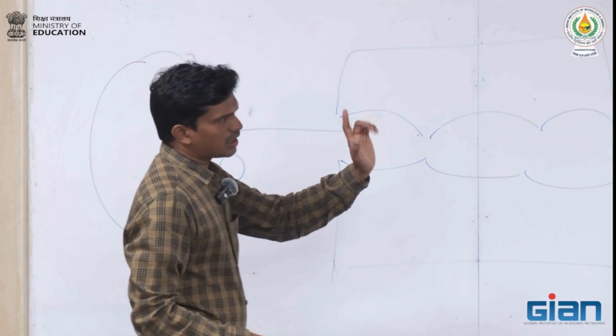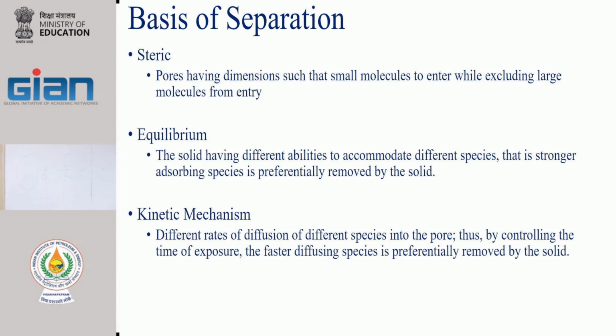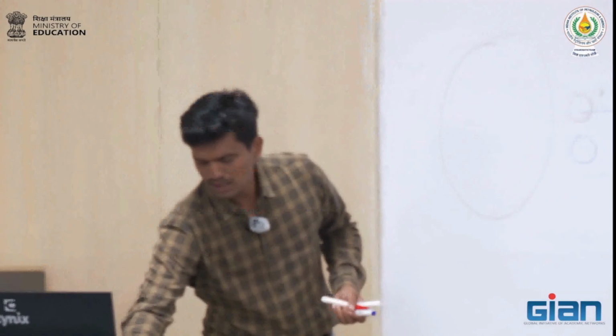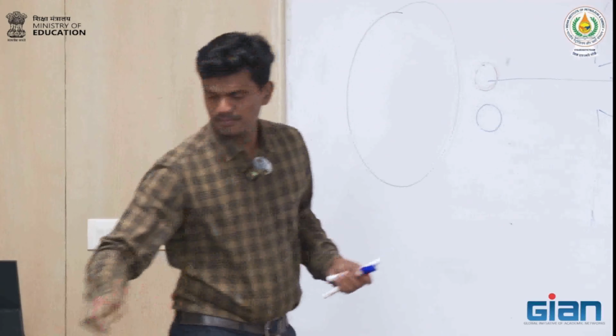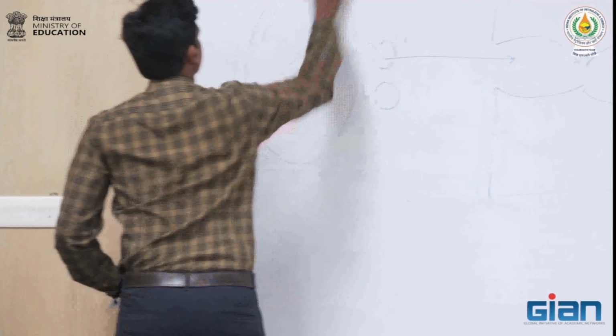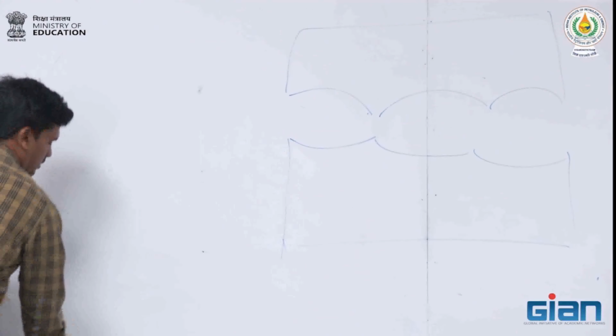The third one is called the kinetic mechanism. So you have two molecules, and they are both the same size.